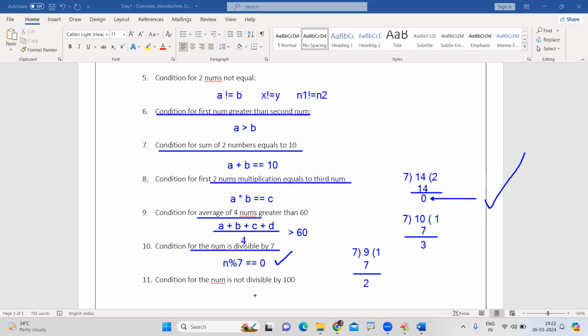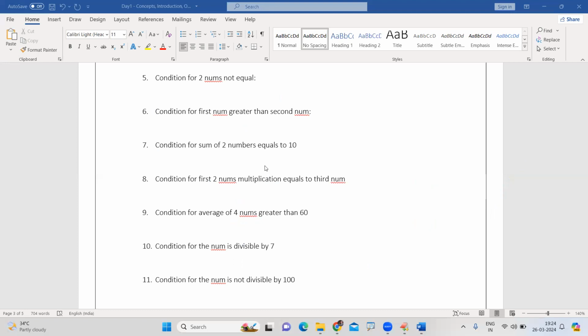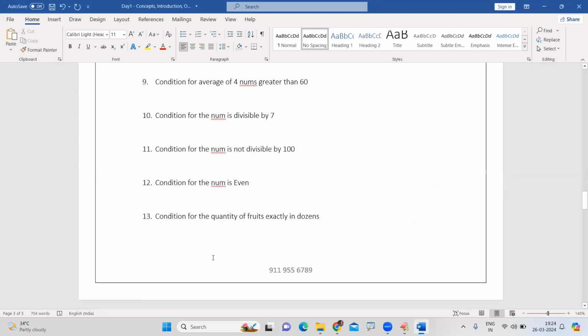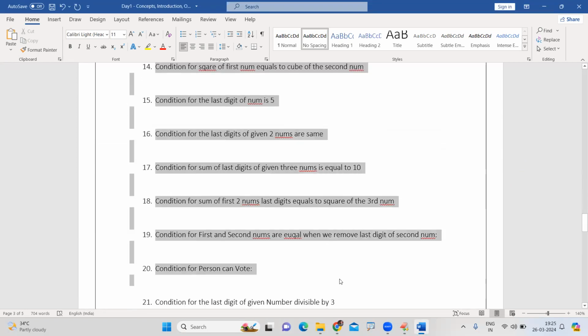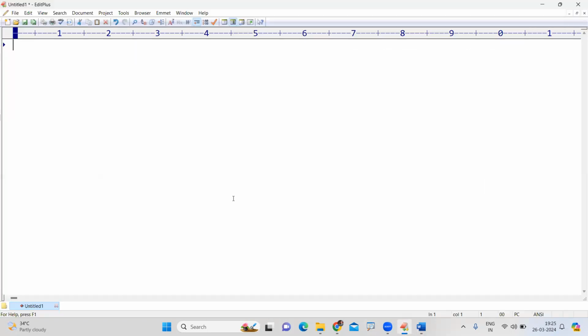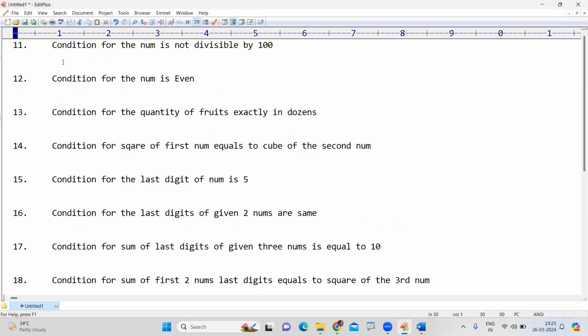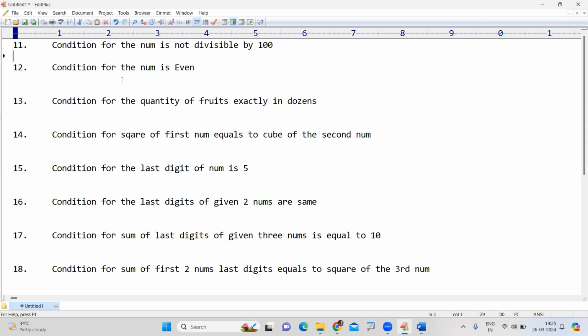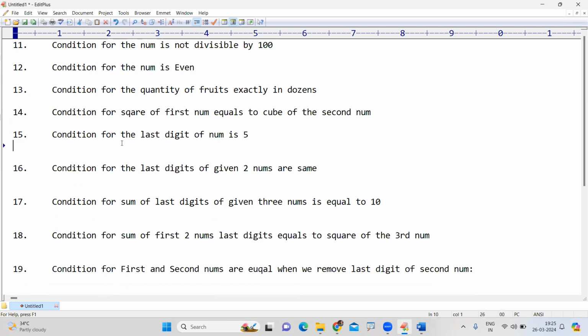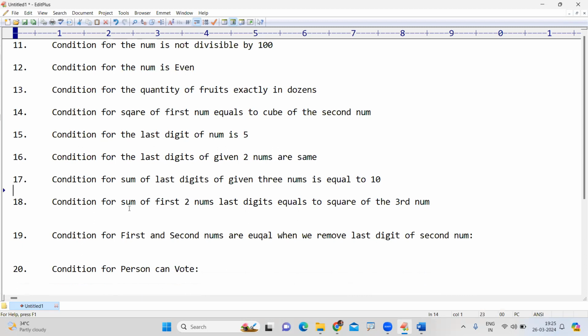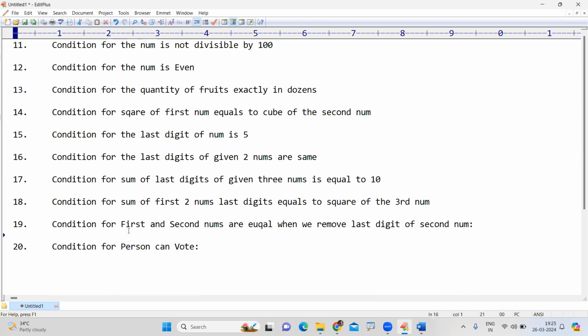Hope you understood. Got it? Now based on this, you need to write the code for a few. Just try. For all, one by one, I am giving the numbers here.